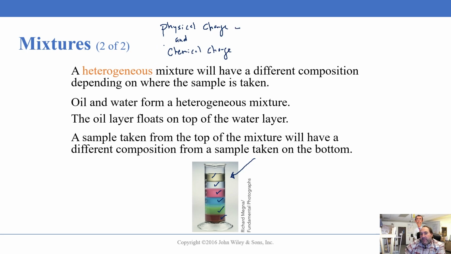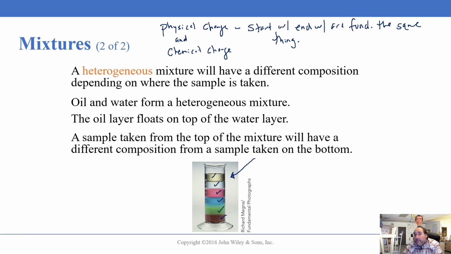And with a physical change, what you start with and what you end with are fundamentally the same thing. A lot of the physical states of matter are physical properties of matter, things like the state, solid, liquid, gas, things like boiling points, melting points.